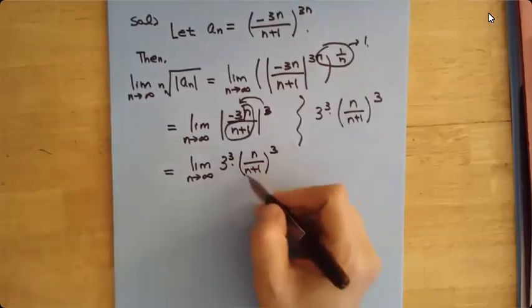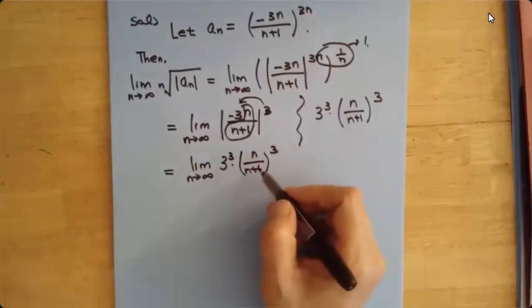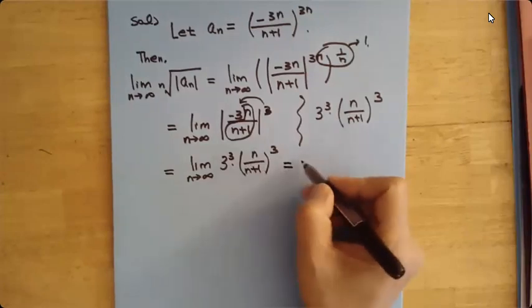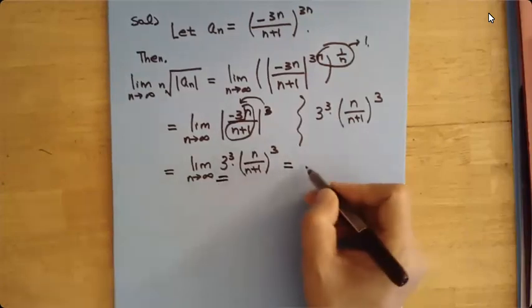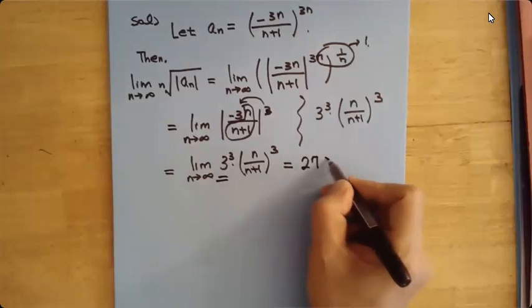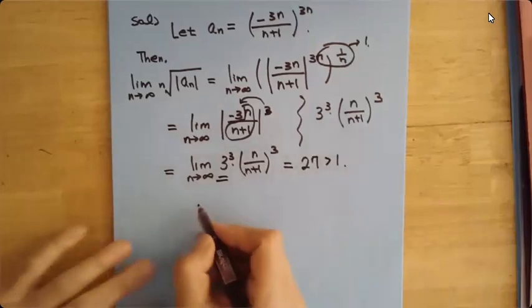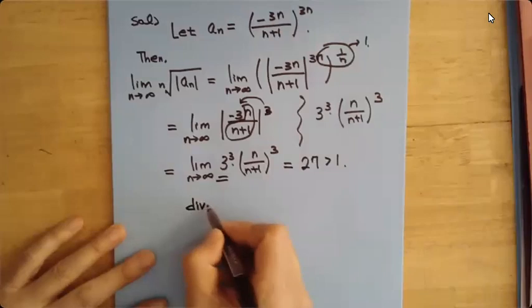So this part will converge to 1, and the remaining one is 3 cubed. So that is 27, which is greater than 1. Therefore, the series diverges.